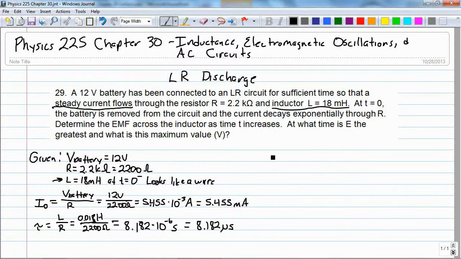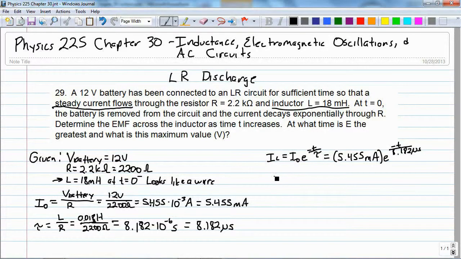And now we can write our formula for the current through the inductor. It is equal to I naught e to the negative t over tau, and that's 5.455 milliamps e to the negative t over 8.182 microseconds.